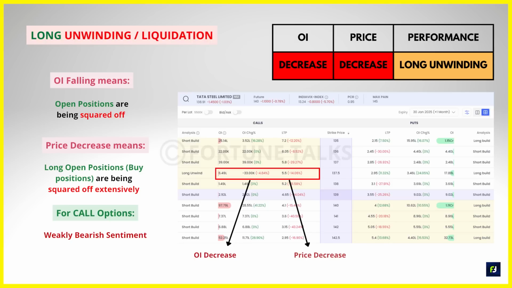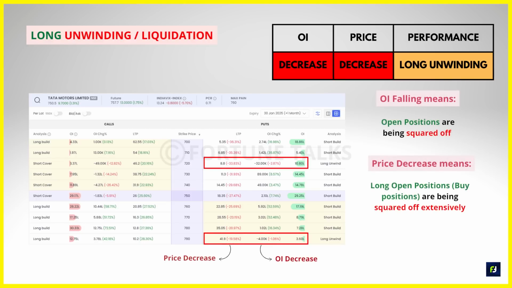So, in conclusion, long unwinding on the call side depicts that the market participants are selling off their call options because they no longer believe the underlying asset will rise to the level they previously anticipated, or they may be taking profits due to a perceived peak in the market. This selling pressure can lead to a decrease in the price of the call options. On the flip side, long liquidation on the put side depicts that the traders are less concerned about a downturn in the underlying asset.